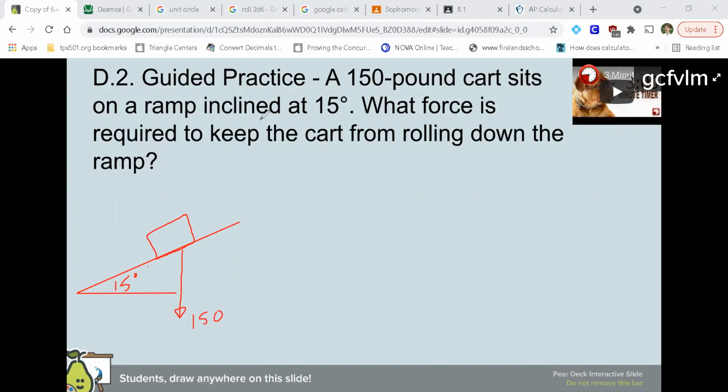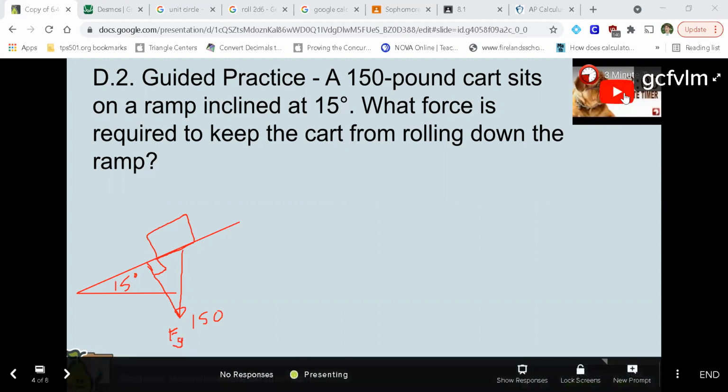You need to tell me what the parallel component is so that we can get the force that we would need to hold this cart on the ramp. Give you 3 minutes to try it on your own.